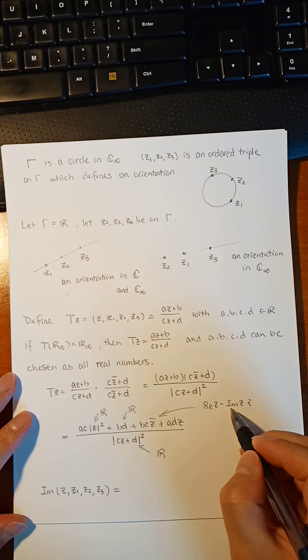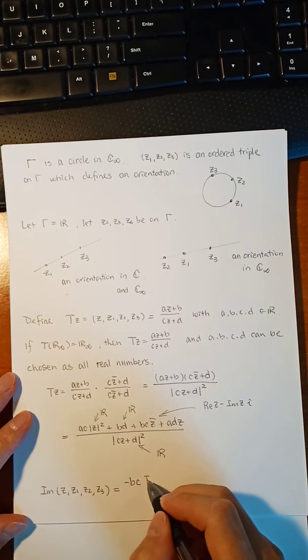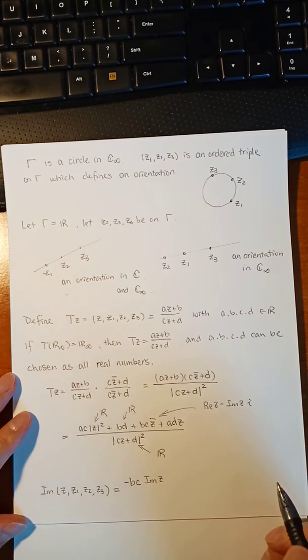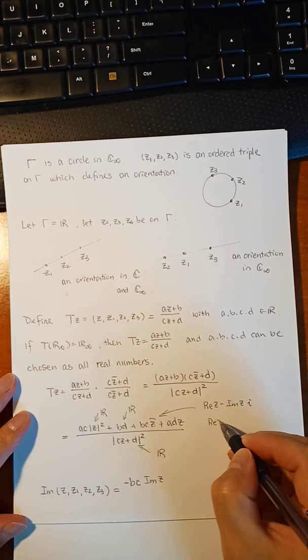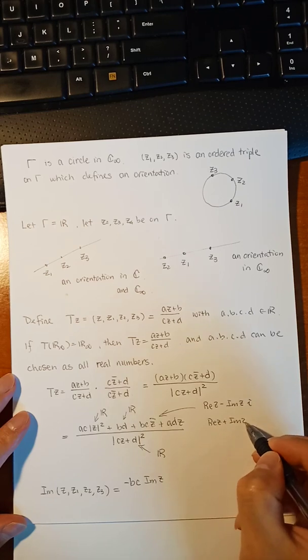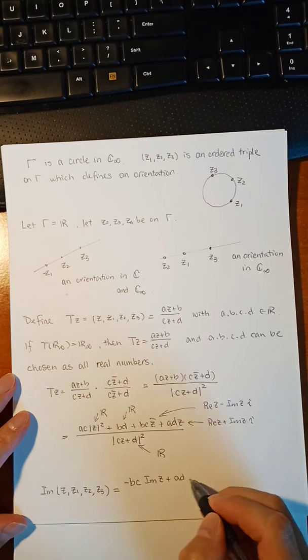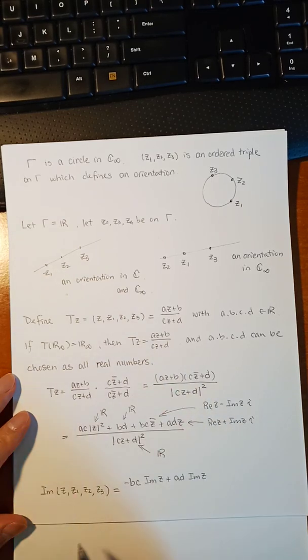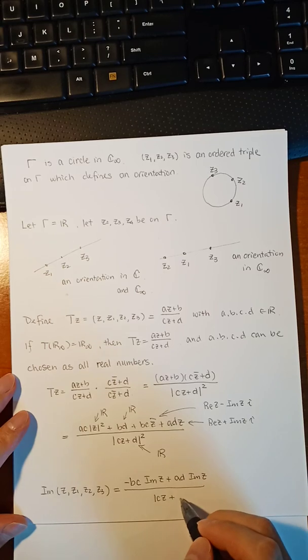So you will get negative BC times the imaginary part of Z. Here is the real part of Z plus the imaginary part of Z times i, so it's plus AD times the imaginary part of Z. And then over this real denominator.